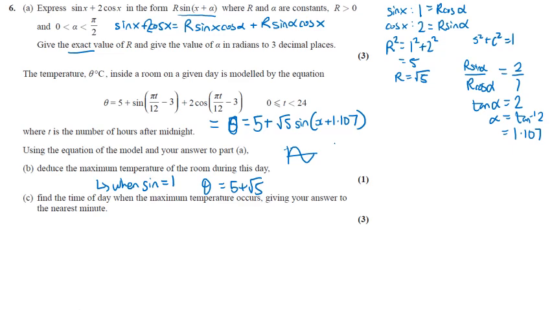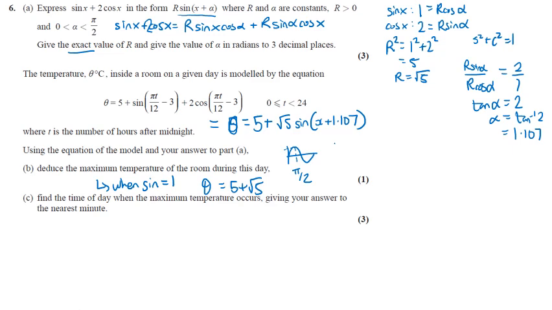And then the last part, find the time of day when the maximum temperature occurs. Well, same sort of idea. The maximum temperature is when the sine part is equal to 1. So when is sine equal to 1? The sine is equal to 1 when the angle is equal to pi over 2. So the argument of the function is pi over 2.